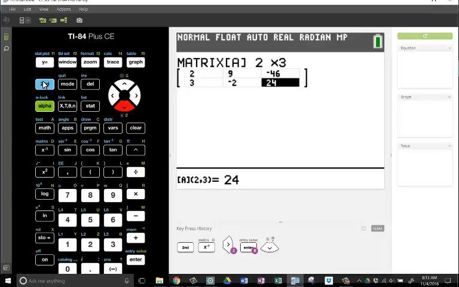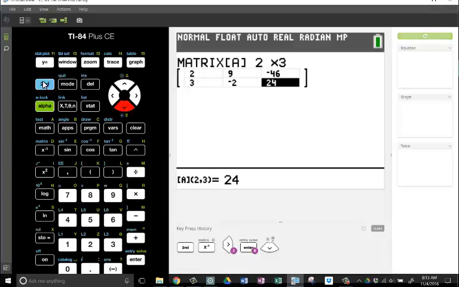Does everybody have that? Does anyone else need calculator practice? Why don't you both do it so you're getting the practice? Do we all have that in?